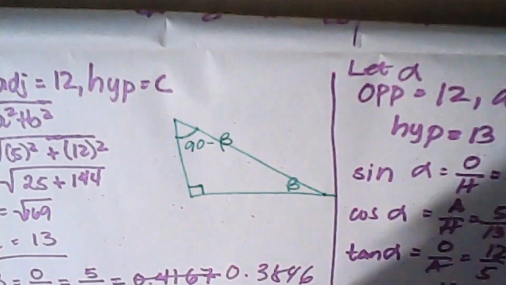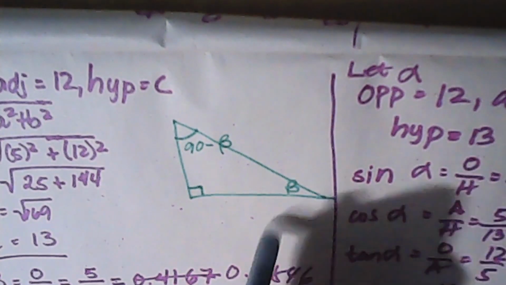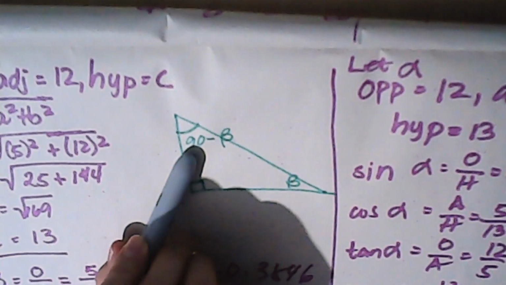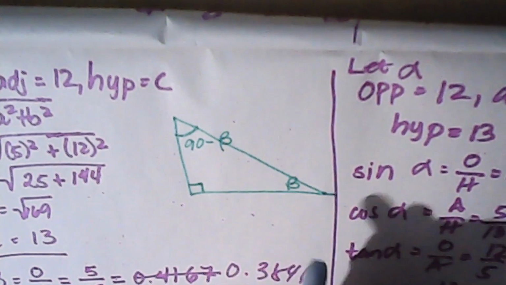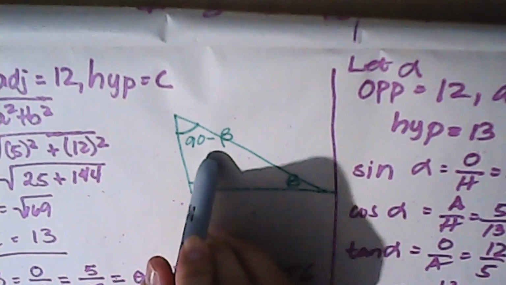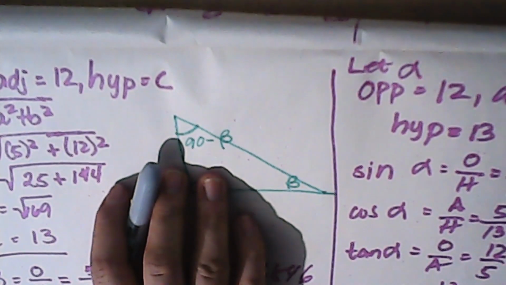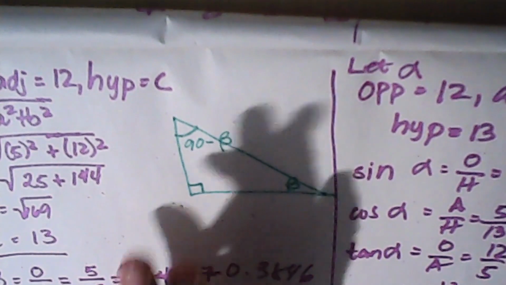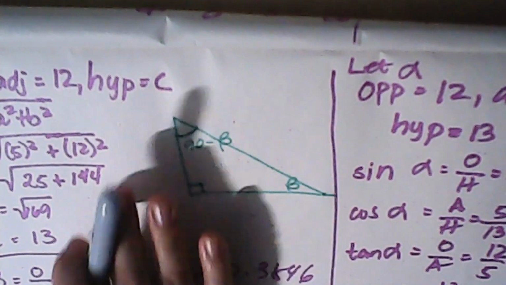So, 90 minus beta. That means when we add beta and this angle, its total is 90 degrees. So, beta and the angle opposite that beta are complementary. When we say complementary, the sum of the two angles is 90 degrees.